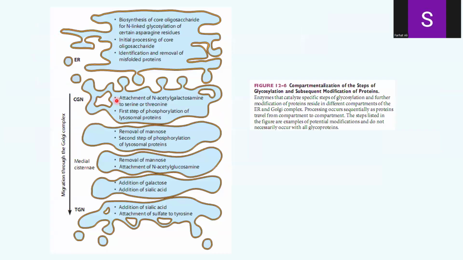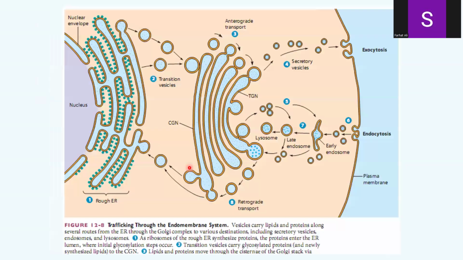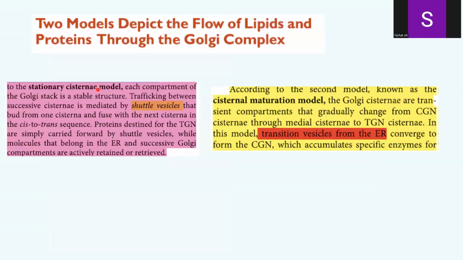You see that different modifications take place in different regions of the Golgi. The stationary cisternae model states that the cisternae are isolated from each other, and the vesicles bud off from one cisterna, carrying the molecules, and fuse with the next one. Some modifications take place here, vesicles bud off, and then they go to the next cisterna. In this manner, the vesicles keep on budding off and carrying the modified proteins with them to the terminal end, and then eventually the vesicles are released. So this is called the stationary cisternae model.